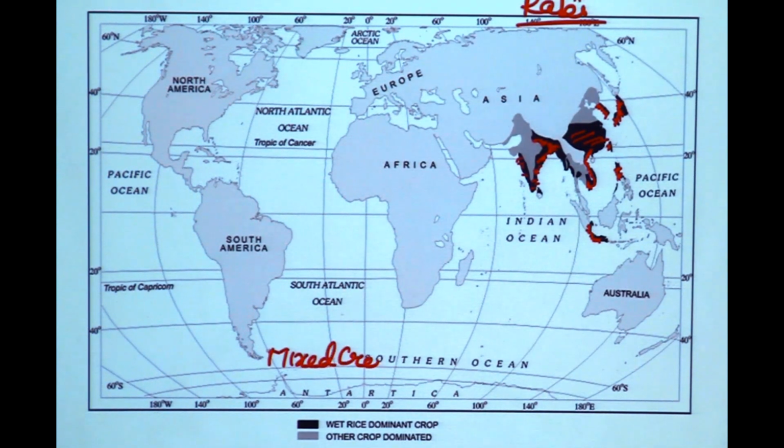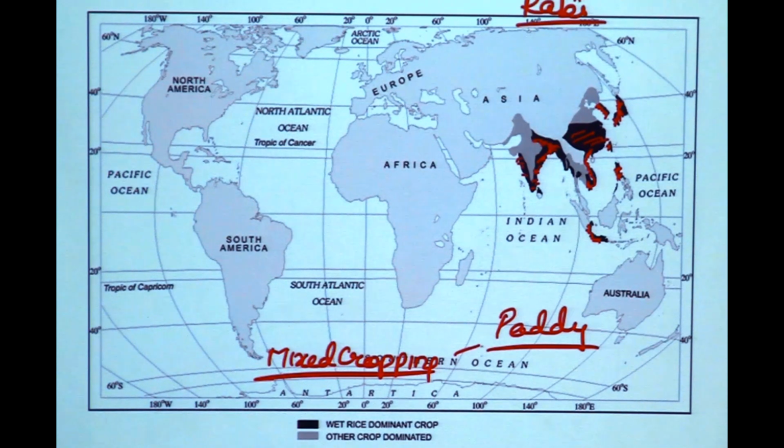It is paddy, dominance of paddy, and that is the reason we say paddy the staple crop of world, because it is feeding maximum share of humanity, is confined essentially in Asia.